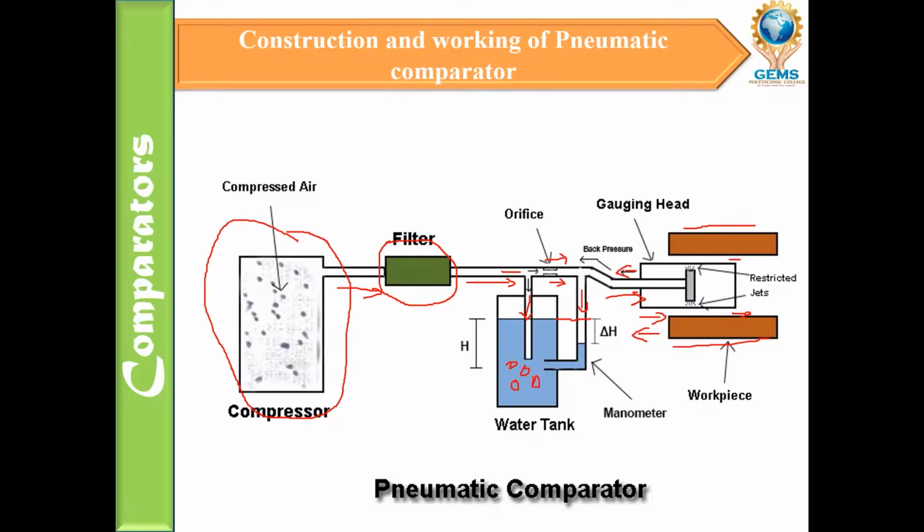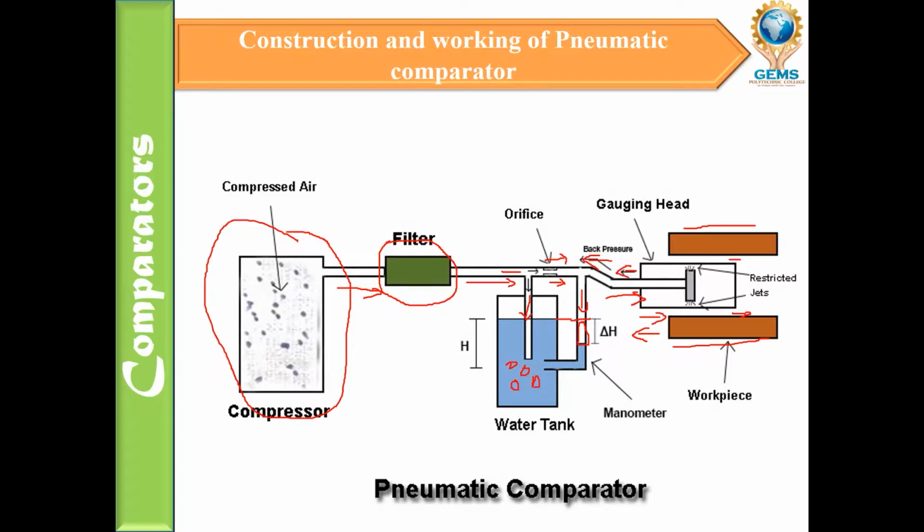So the restricted back pressure air goes like this, because there is no restriction. The air will occupy this space. So automatically the water will enter into the tank, so the tank level is high.